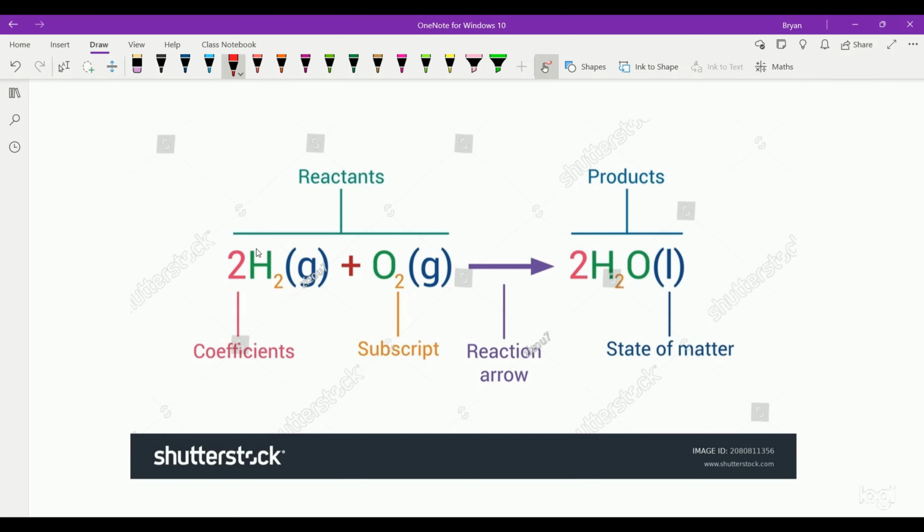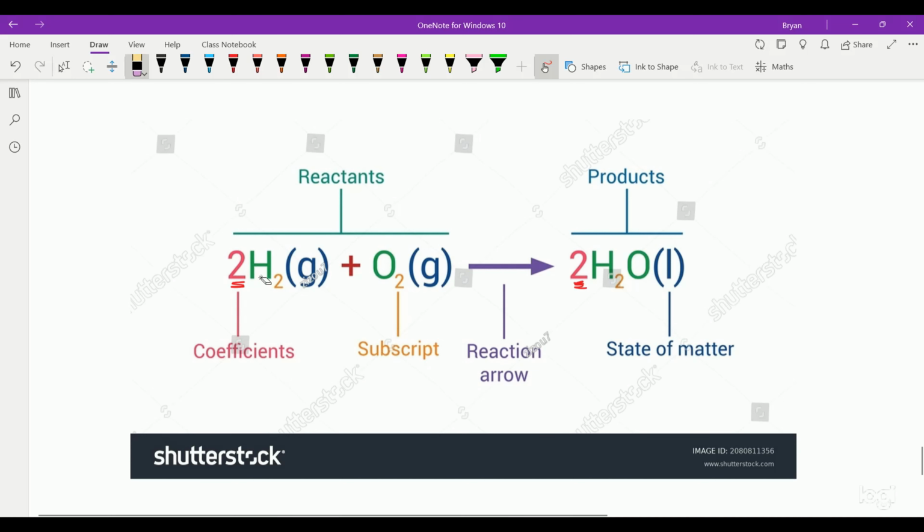However, writing number coefficients in front of our chemical simply states the number of particles itself that is needed in order for the chemical reaction to occur.